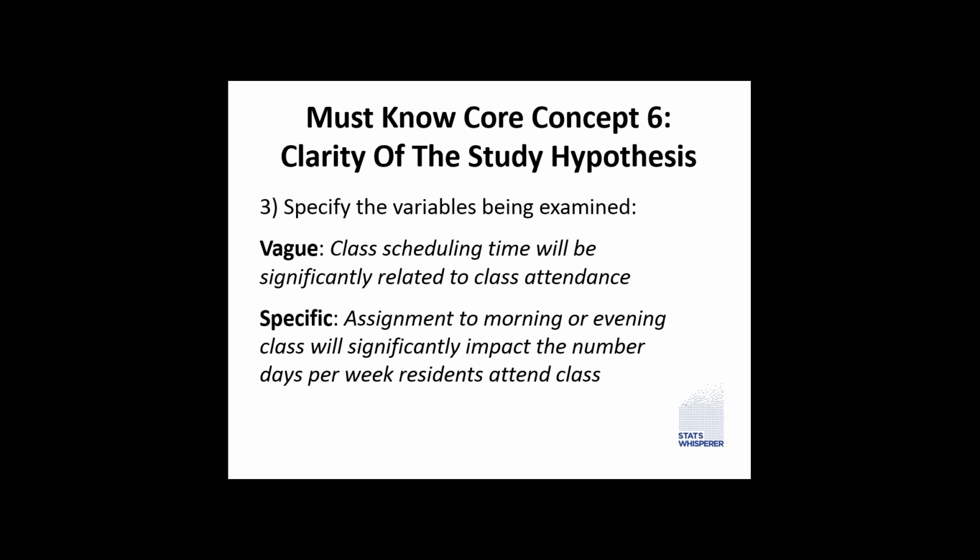Right? So sometimes it's nice to operationalize the variable. So for example, attendance is operationalized by looking at the average number of classes attended per week. And like I said, that's good for statistical analysis because you could see exactly how to measure it and how to relate it.